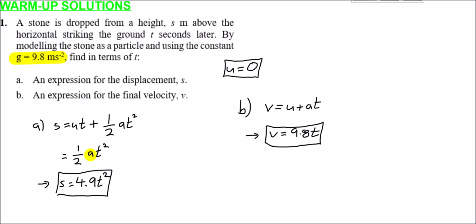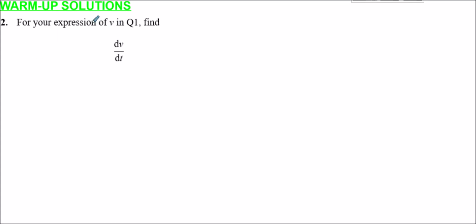So for question number 2 here, from question 1, the expression for v, we're going to find dv by dt. So we're going to differentiate v with respect to time. From question 1, what we had is that v equals 9.8 t. Therefore, if we differentiate this with respect to time, 9.8 is just a constant.